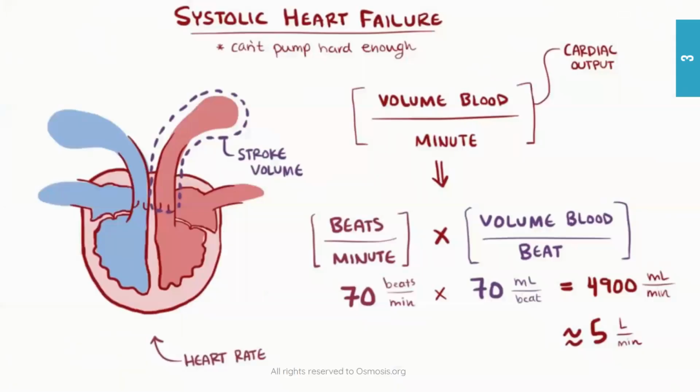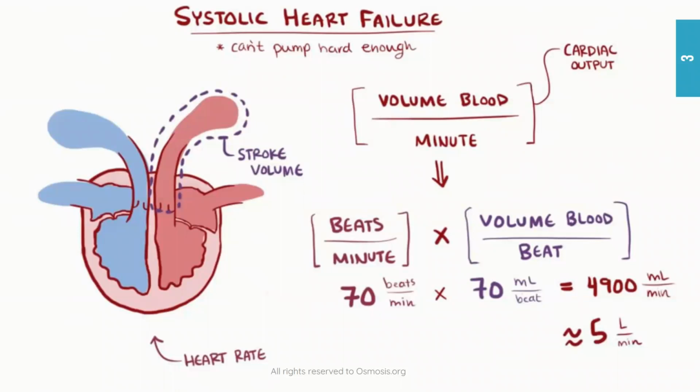Okay. Now, before we talk about that, I need to say that when we define heart failure, what is the meaning of heart failure? Heart failure is two types. One is systolic and one is diastolic. Systolic heart failure and diastolic heart failure.